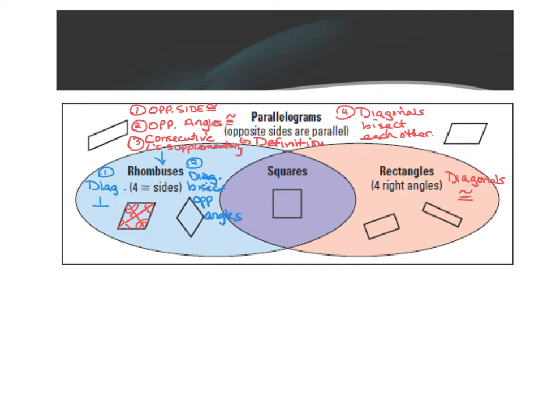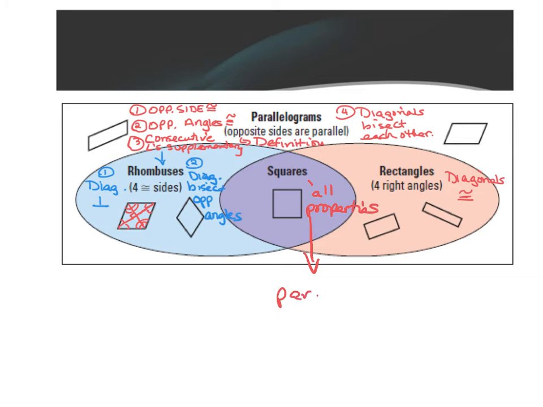And now, lastly, the square. The square is going to have all of the other properties. It has all the properties of the parallelogram, the rectangle, and the rhombus. So it has everybody's properties.